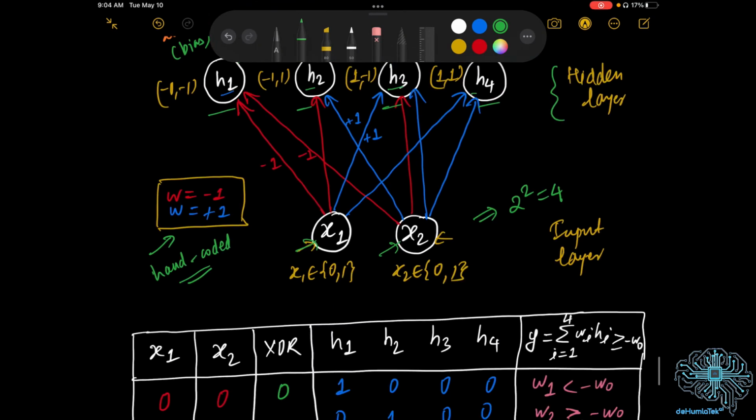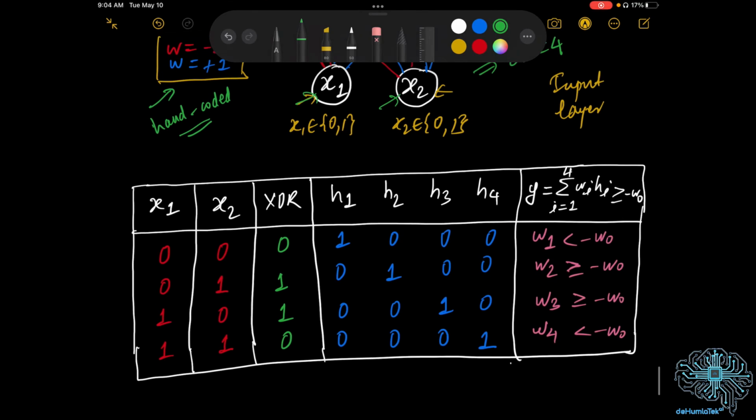Now let's see the table. I have also drawn the table for the XOR. For different input values, we have defined the perceptrons in the hidden layer as H1, H2, H3.